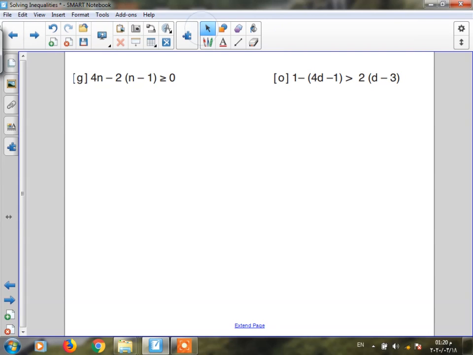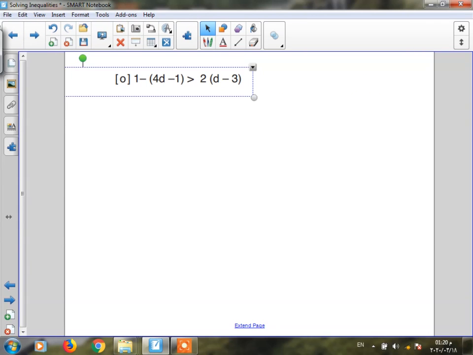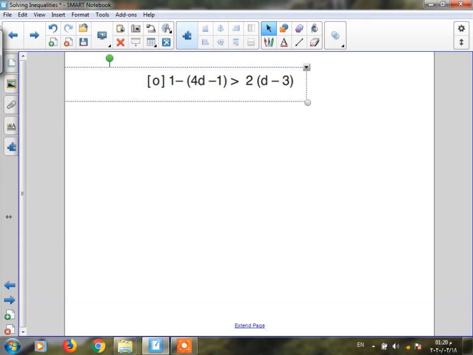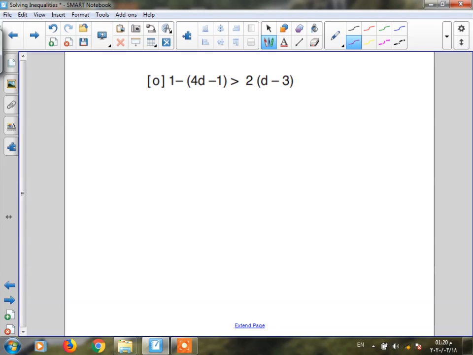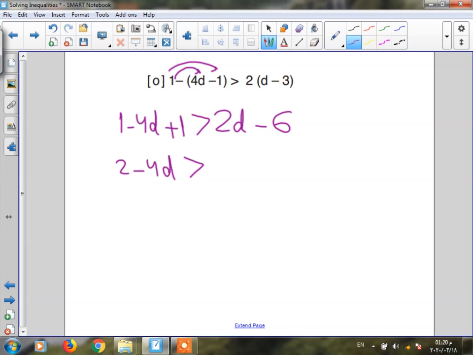Another one. 1 minus, change the sign, 1 minus 4d plus 1. Negative 4d, and negative 1 will be positive 1, more than 2 times d minus 6, equals 2d minus 6. 1 plus 1 equals 2, minus 4d more than 2d minus 6.